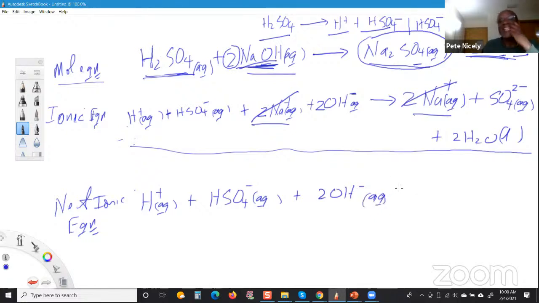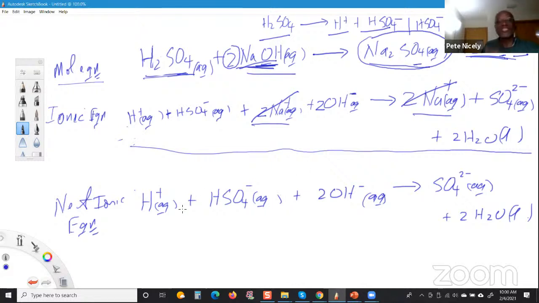That takes care of the left side. And on the right side, we have SO4 2- aqueous plus 2H2O liquid. And that would be the final answer.